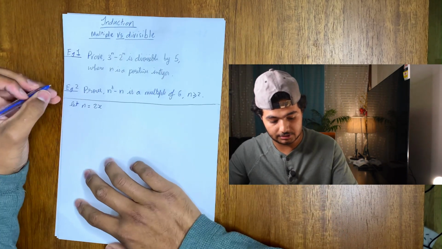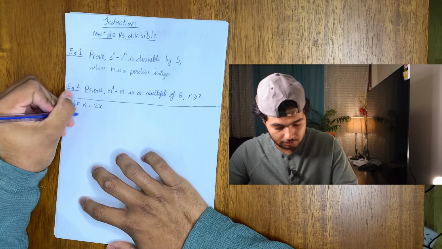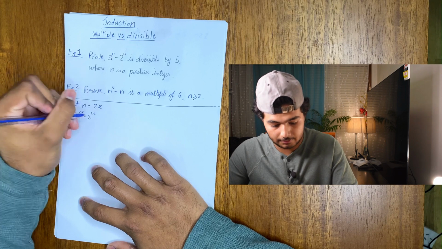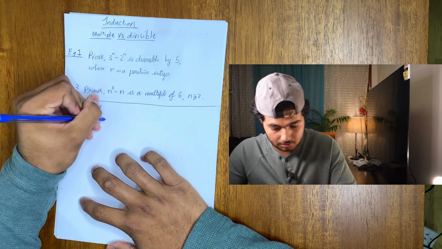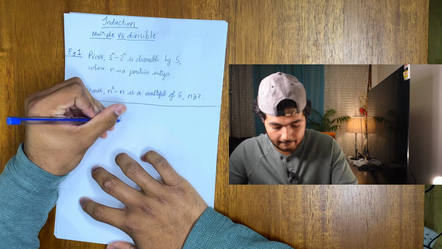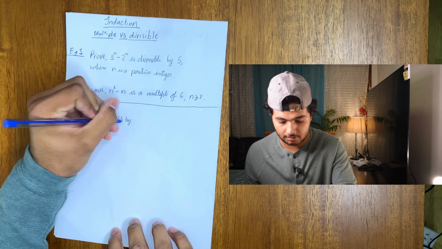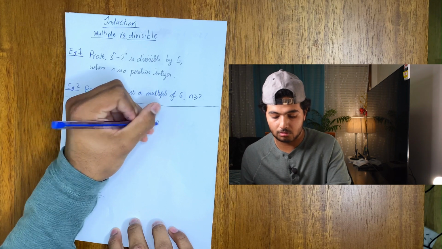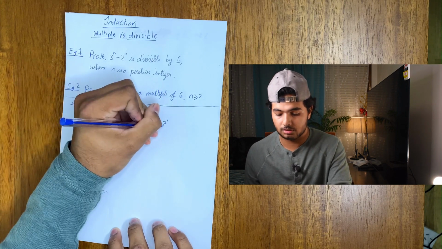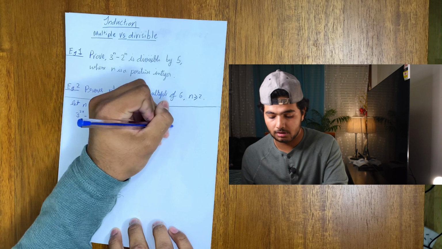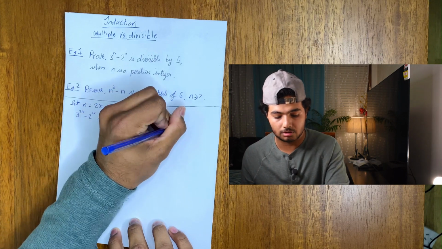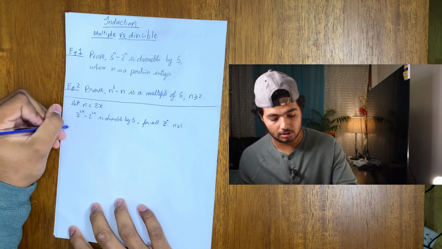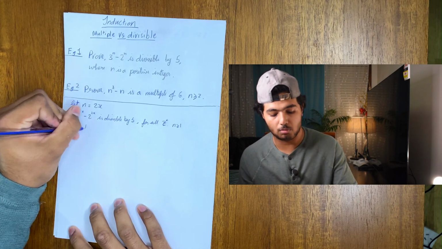Rewrite this as 3 to the 2x minus 2 to the 2x is divisible by 5 for all positive integers, so n is greater than or equal to 1.